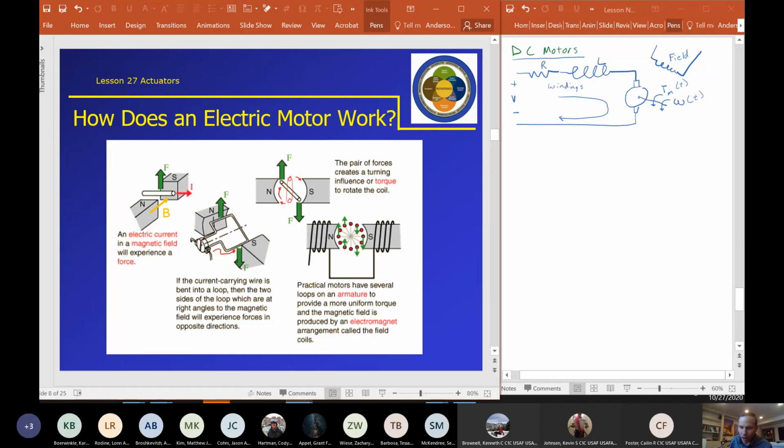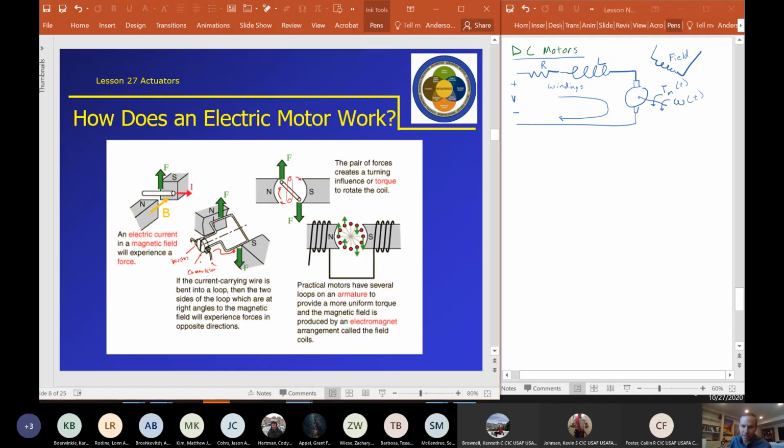So we do that with the commutator and brushes. Down here, this is the commutator. You'll see it's got a slit in the middle of it. So it's basically two semicircles with a gap between them. Then we have these brushes, which have the current carrying wires attached to them.